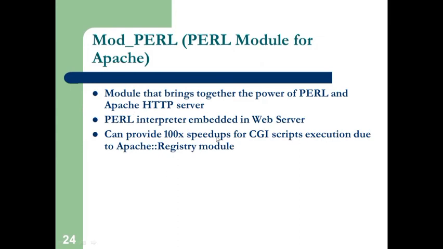If I run my Perl code on any other simple server, my page loads within say 10 or 15 seconds. But when I do that on the Apache server, my whole code is embedded in the Apache server, and it loads my web page within a second.